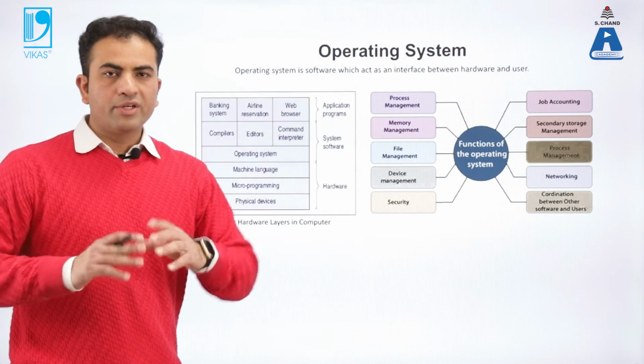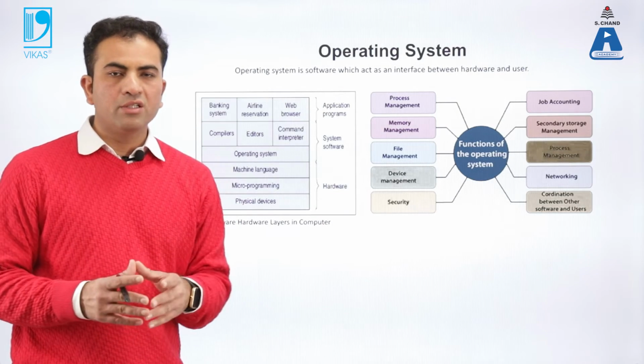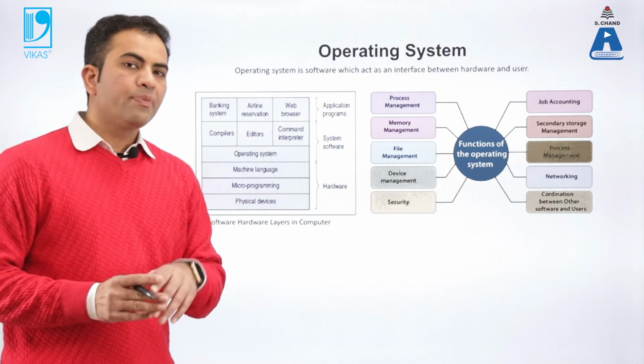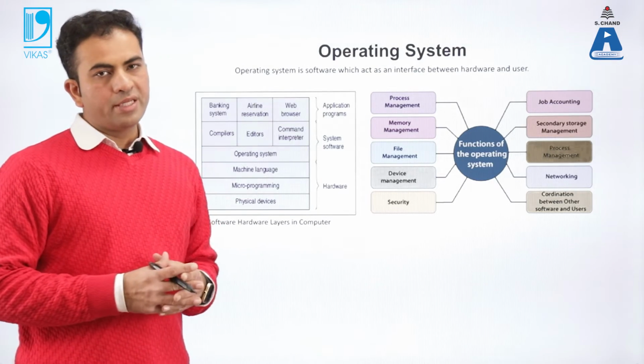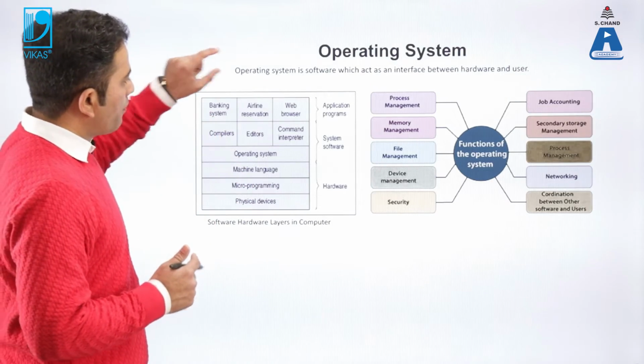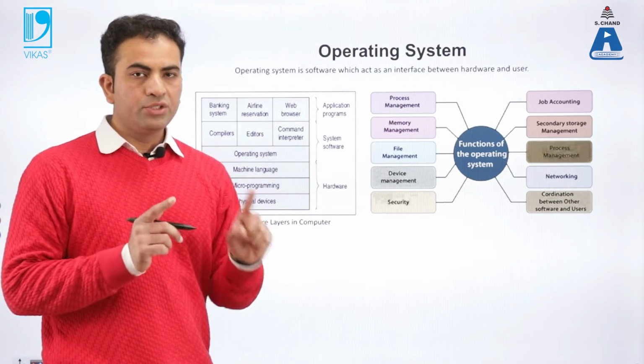Operating system. What is this operating system? We have seen the operating system in mobile phones. We have seen the operating system in our laptop and desktop. What is the purpose of the operating system? Why do we need the operating system? The operating system is software which acts as an interface between hardware and the user.